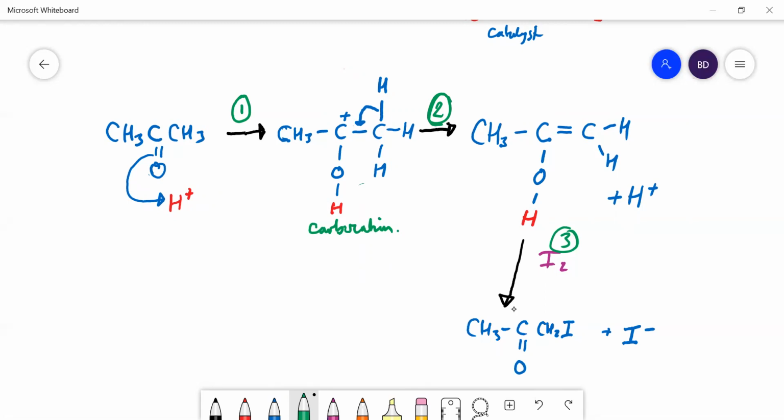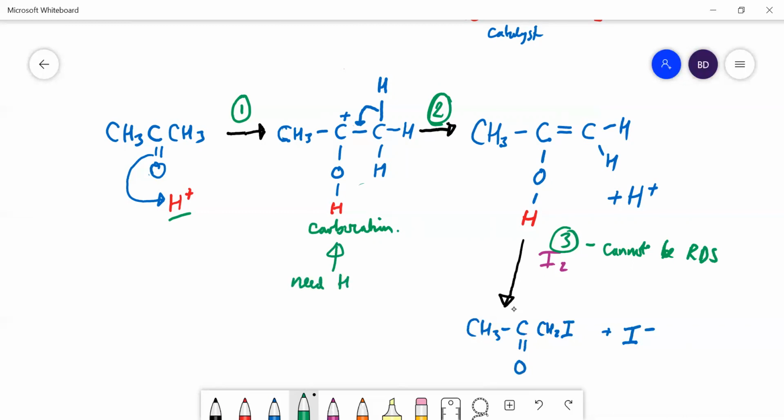Now we know that step 3 cannot be the rate determining step because you need iodine for that. So if that was a slow reaction, increasing the concentration of iodine would speed it up, and it doesn't do anything. Step 1 or step 2 could be the rate determining step here. Step 1 could be because it involves the collision of an H plus with the propanone, or step 2 because in order to form this carbocation, you need, what do you need?